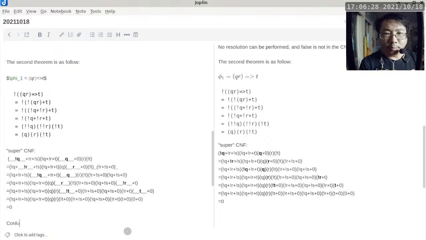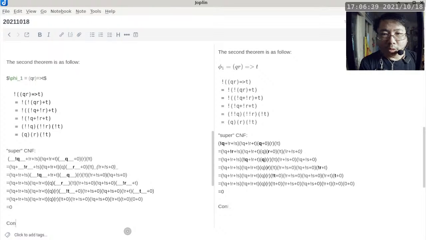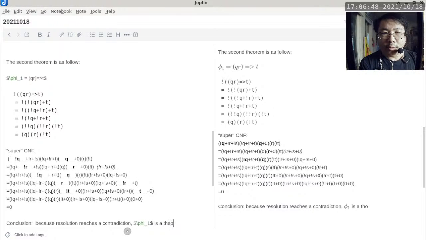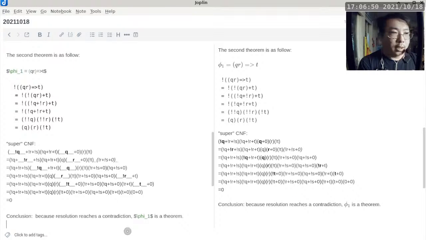So the conclusion is because resolution reaches a contradiction, the proposed theorem, which is phi 1 in this case, is a theorem. There we go.